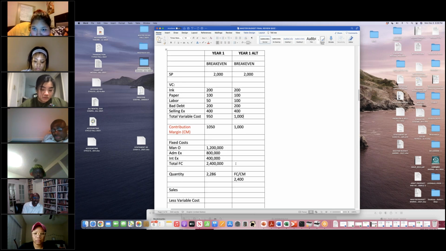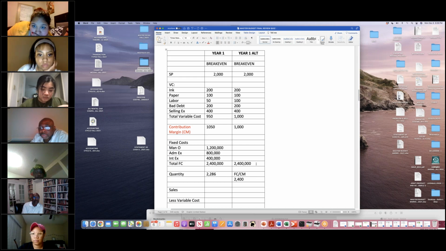So when we come to this total fixed cost of 2,400,000, when we divide 1,000 into 2,400,000, we get a quantity of 2,400.